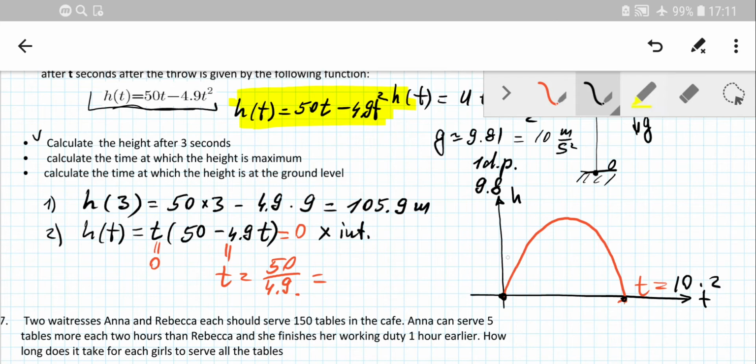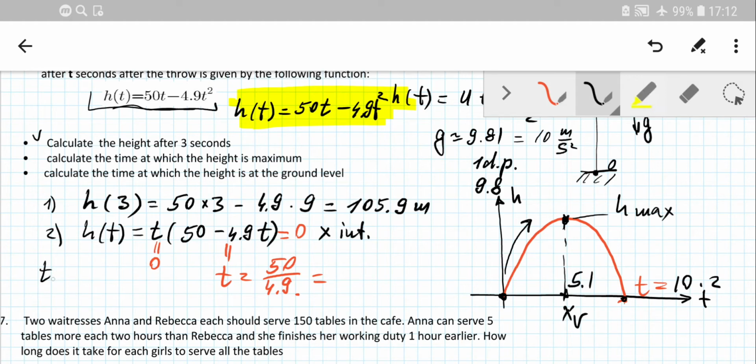So that's actually a rise in height until it reaches the maximum point. That's h max, the y vertex, and this is simply the x vertex. We can calculate the x vertex as half of that time, so it's going to be 5.1, but you can do that another way around. You just remember the formula. However, here we have height depending on time, so remember how you look for the x vertex.